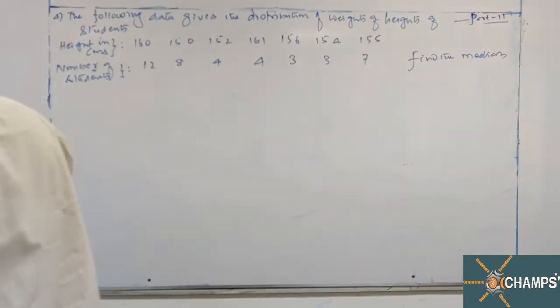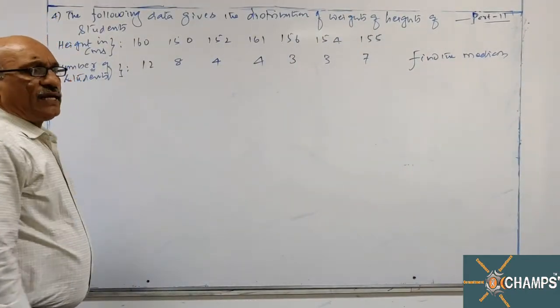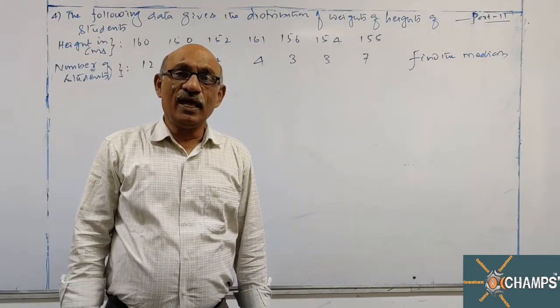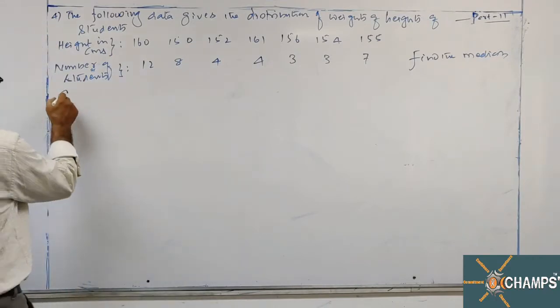This is my question. For calculation of median, we have to arrange the given set of observations in ascending order. So see the solution.